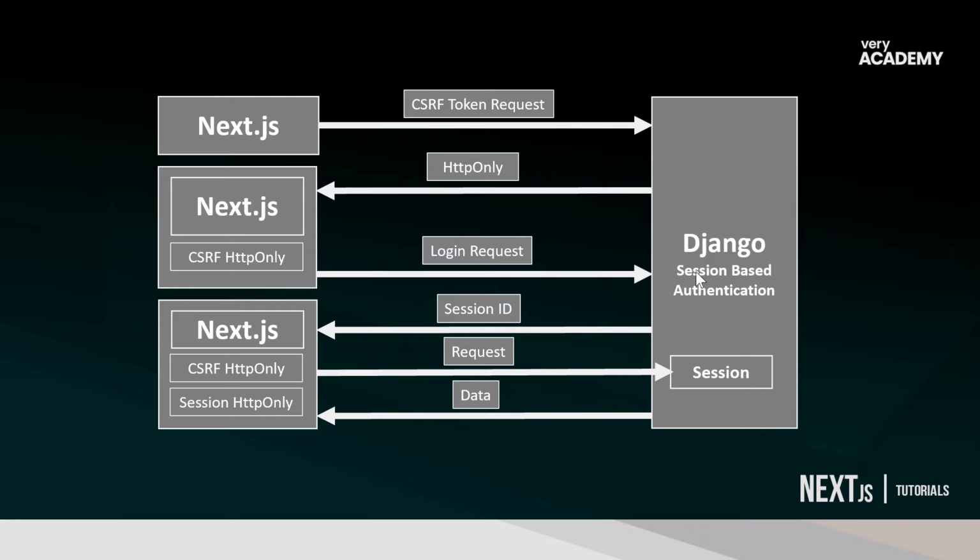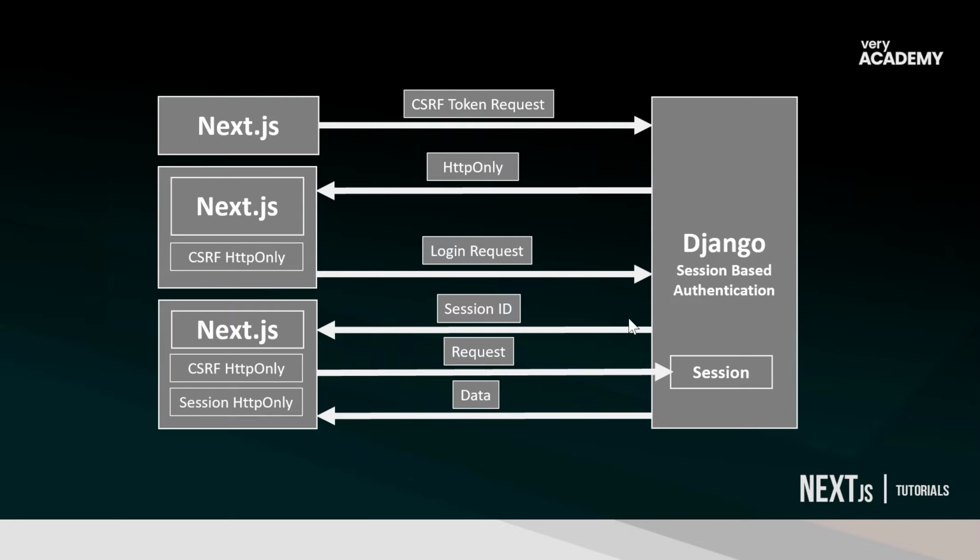Now, the session data isn't passed across to Next, only the session ID is passed across to Next. So what happens is that Django will set up that session data. So in the database, we store the session ID that's generated, a unique identifier, and then also in the session information will be the user ID.